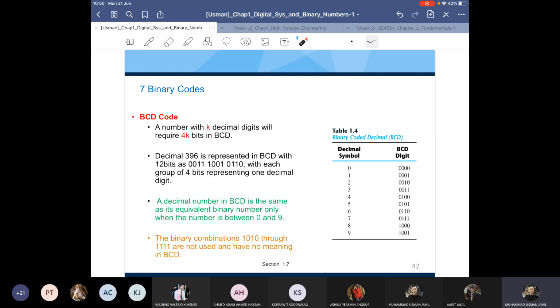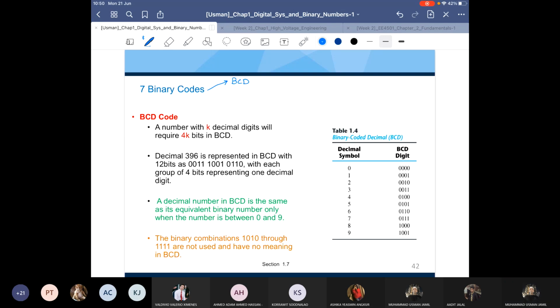Actually, in this topic we have three subtopics. The first one is BCD codes, binary coded decimal.